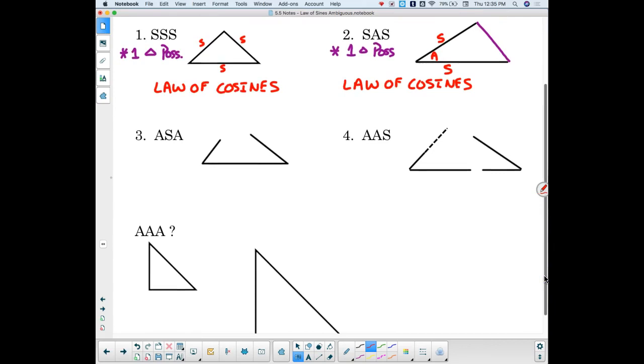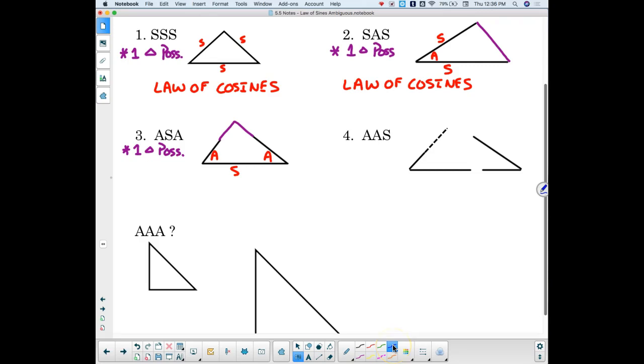In the angle side angle case, we just did an example of one like this, where only one triangle was produced. And the nice thing is because we have both angles, we can easily find the third angle by subtracting those two from 180 degrees.